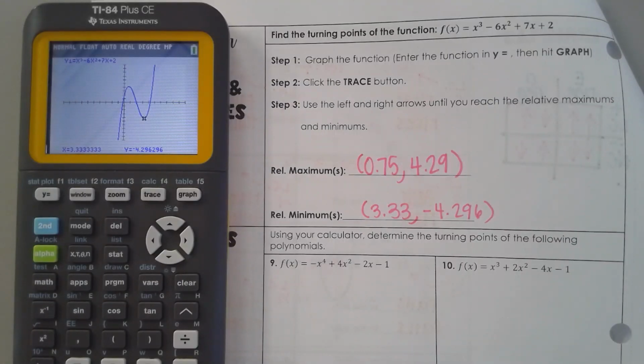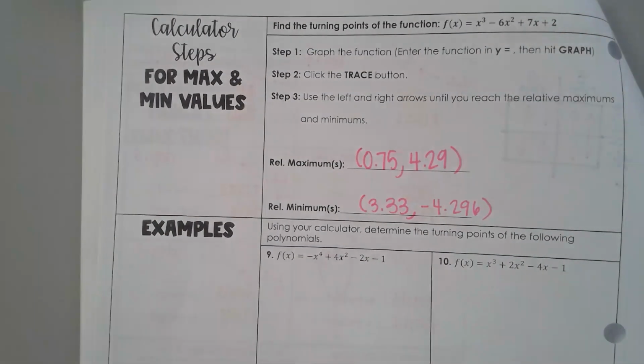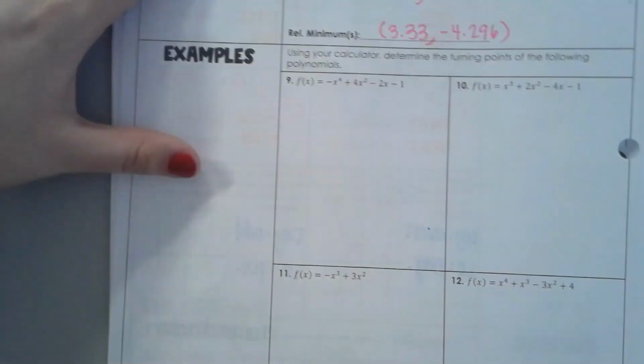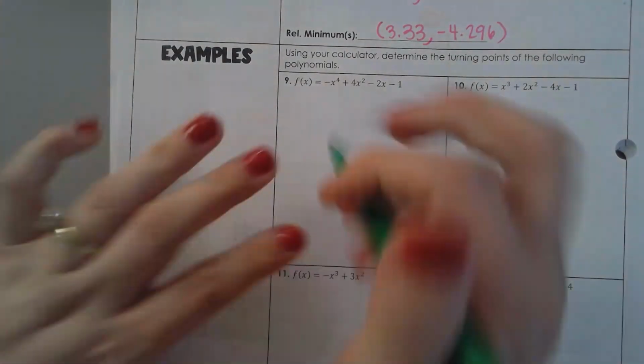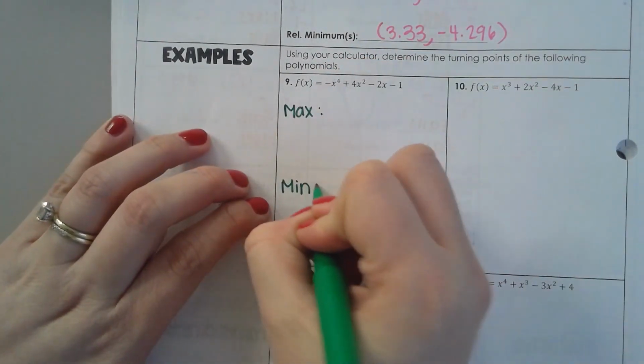But you've got to get good. You've got to be quick at getting these. You've got to know those calculator steps. So we've got time to do these last 4. They shouldn't take very long. We're going to find the max and the mins.